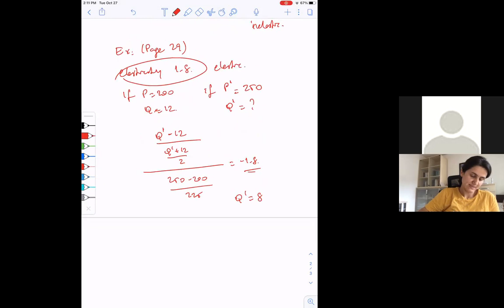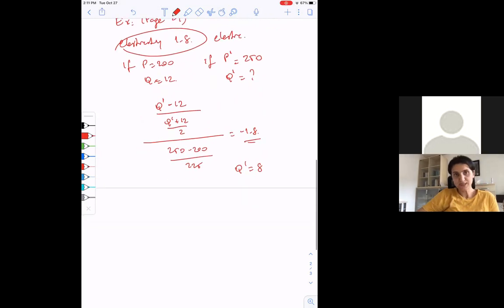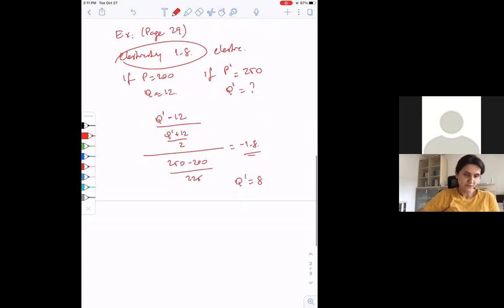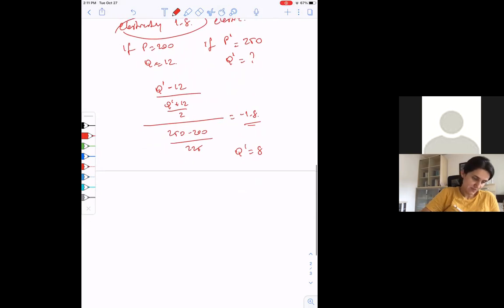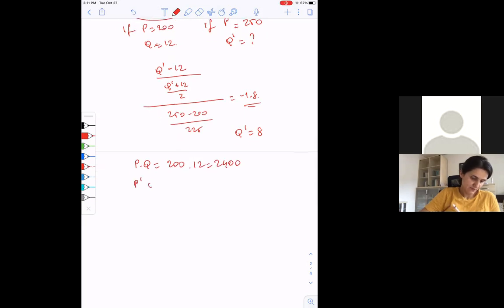So this is the elastic example, right? The elasticity is bigger than 1. Then what are you going to have? Let's look at the revenue. Initial revenue is P times Q, 200 times 12, 2400. After the price increase to 250, what do we expect?